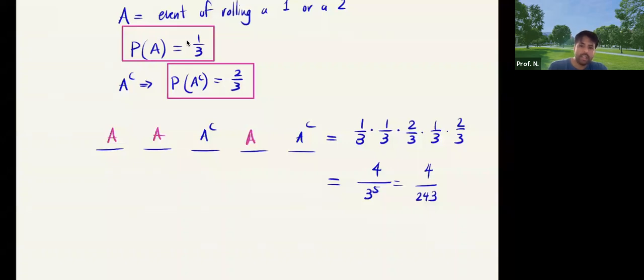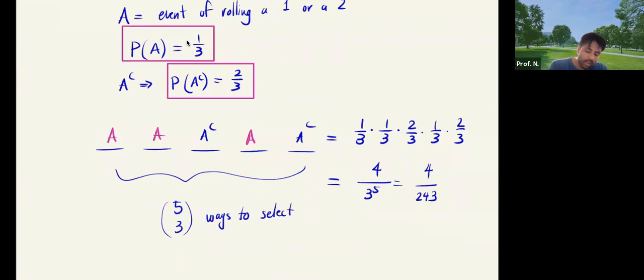So I don't know if you guys see that the number of ways that I can rearrange this is 5 choose 3. There's 5 choose 3 ways to select 3 of the 5 rolls to be a 1 or a 2.